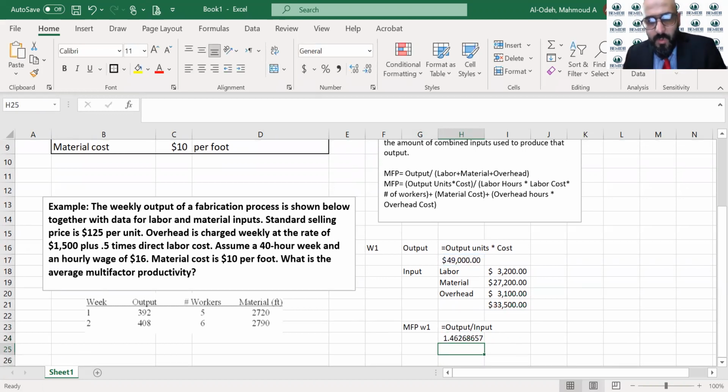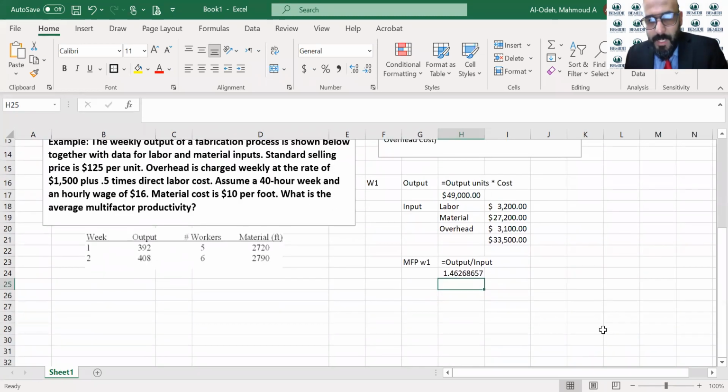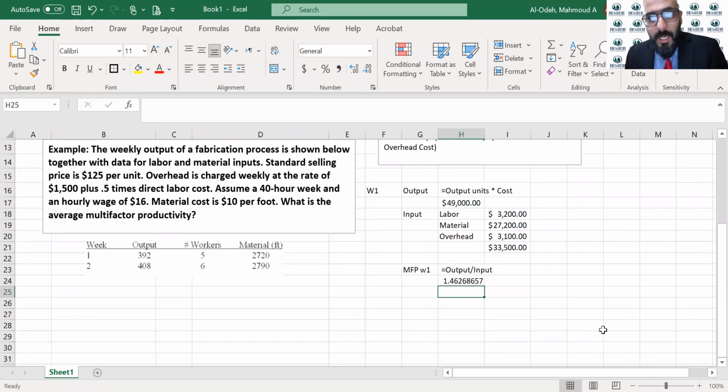That will give you 1.462, which means they are very productive. The rule of thumb for productivity is you should have at least 70% and up. If you have 70% and up, that would be fine. In this case, we have excellent productivity, more than the input. As long as you have more than 1, that's good. This is what we're looking for.